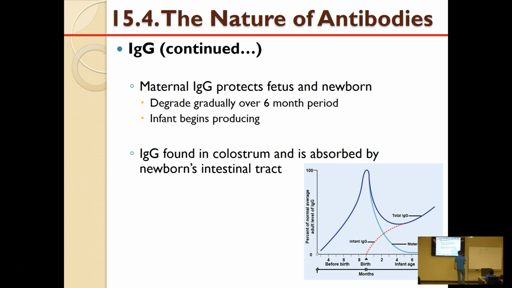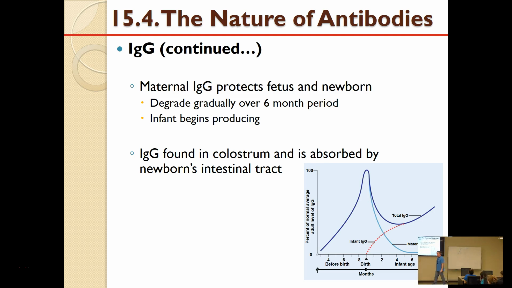When we start separating out mom versus infant, what we start to see is that right at birth, the child's IgGs start coming online. Not in high amounts because they're just starting. Mom's are there in high amounts still at that point. As mom's start weaning off with that 21-day half-life, the child's is starting to come on, and hopefully that's enough to protect the child.